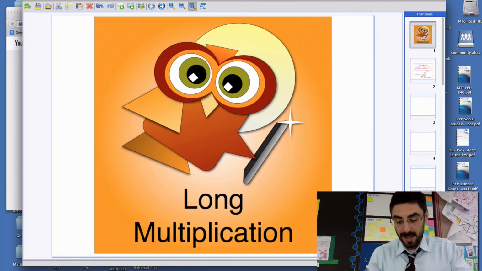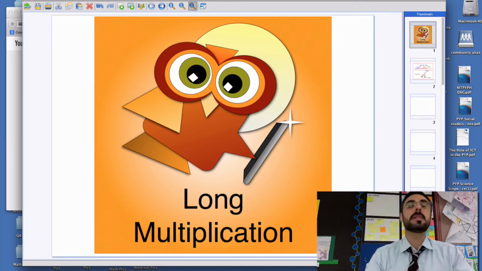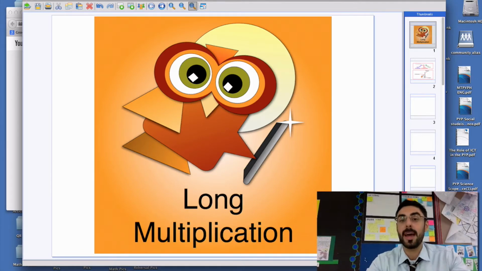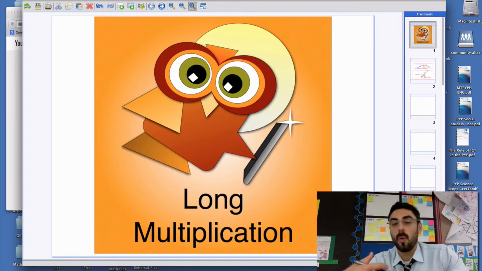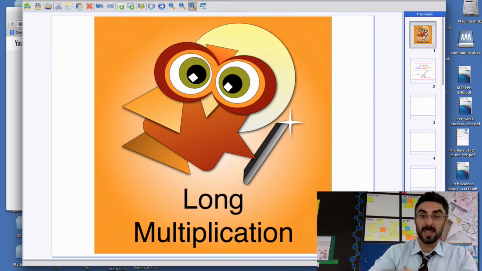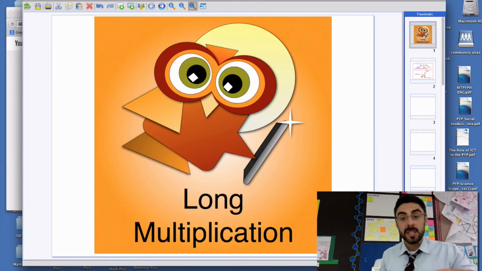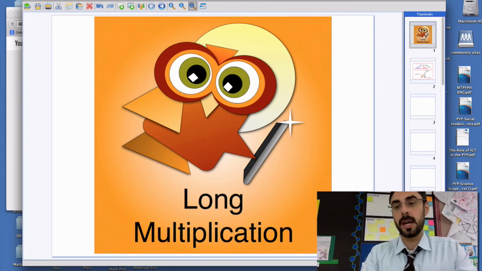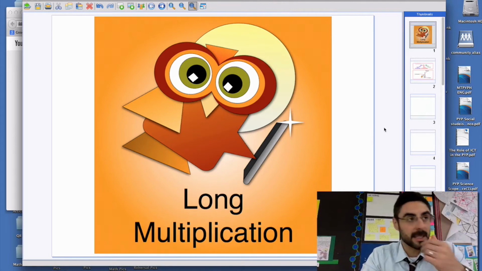So today I thought I would create a lesson where we would look at what it means to multiply in a long way, so that when we have one digit times one digit, or two digit times one digit, or even three digit numbers times a one digit number, we'll be able to solve it and know how to do it, okay? So before we begin, I'd like to review a few things.